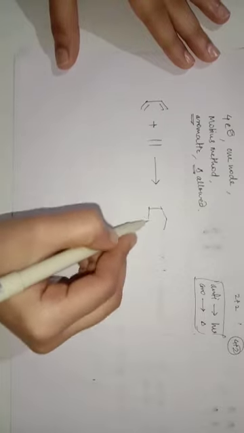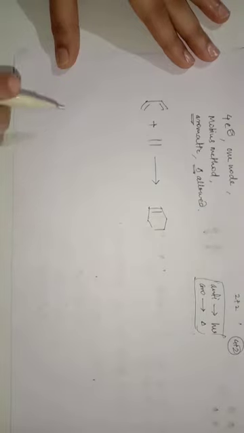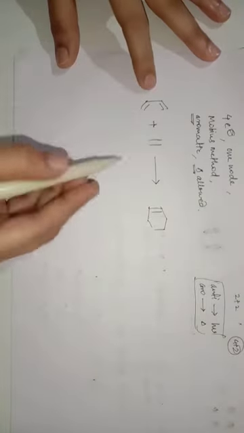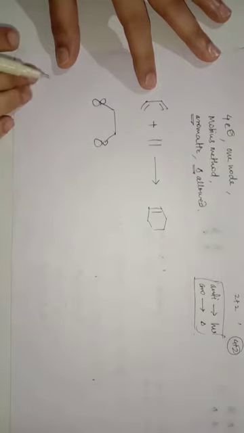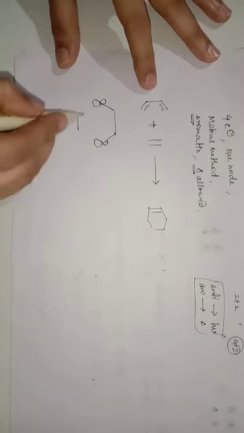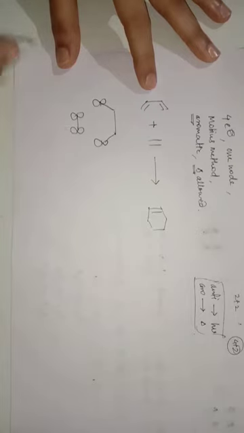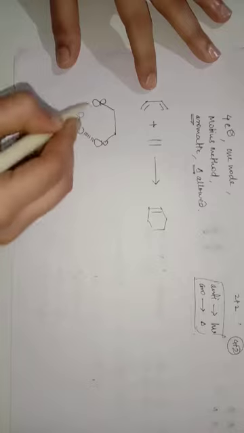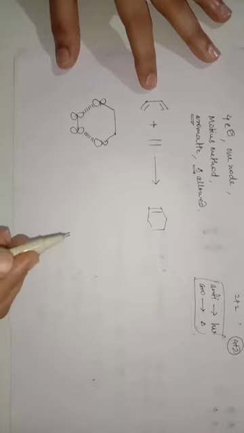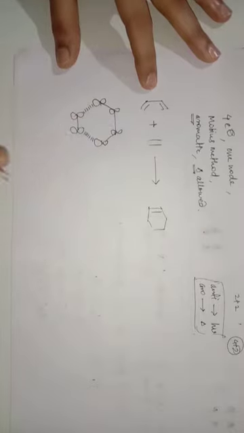So the product is cyclohexene. Now check the molecular orbitals of this 1,3-butadiene. If I have these molecular orbitals, then the possibility is these two orbitals from the same phase making a bond. Okay, we have this type of orbitals.